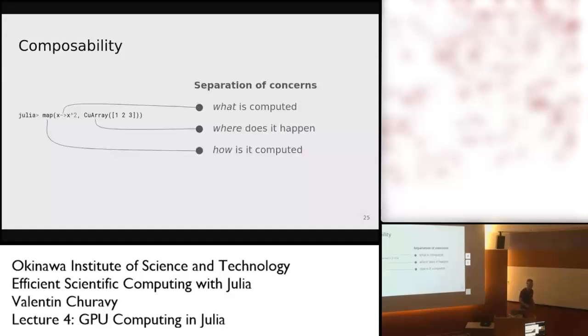Composability, why? It is in some ways because we managed to separate the concerns very elegantly. You are caring about the operation of what you want to execute, what is computed. I care about where your data is. It's on the GPU. And I care about how I'm going to compute this.